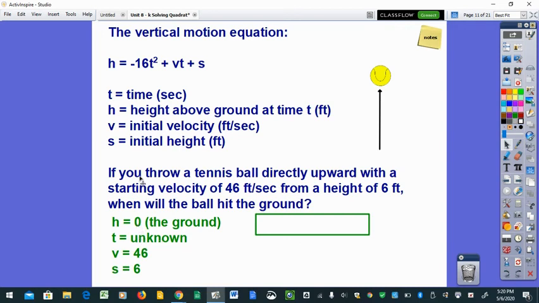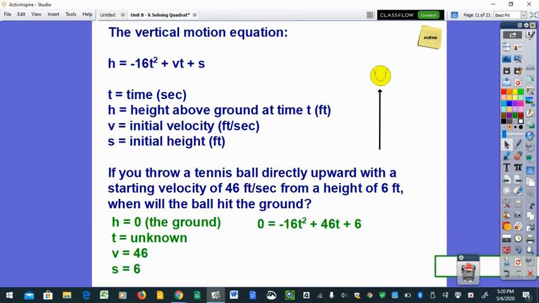The time is the question. When? So that's the unknown. It's going to stay a T. The V, we already talked about being a 46, and the S, the start height, is a 6. And we substitute those values in, and now we're going to use our new understanding to solve this quadratic. And when we solve it, the T will tell us when the ball hit the ground.